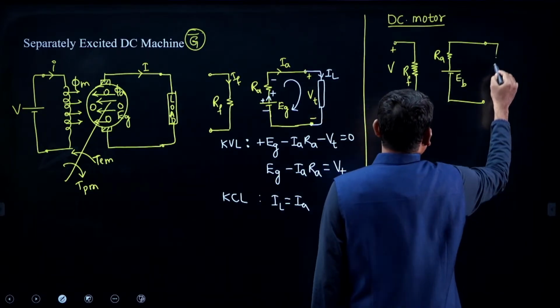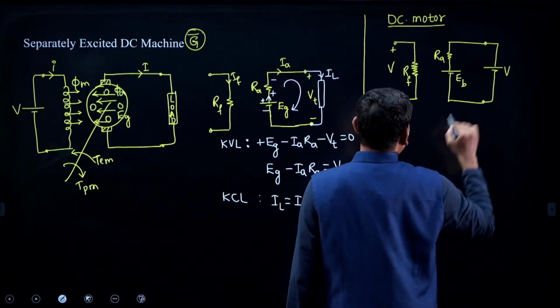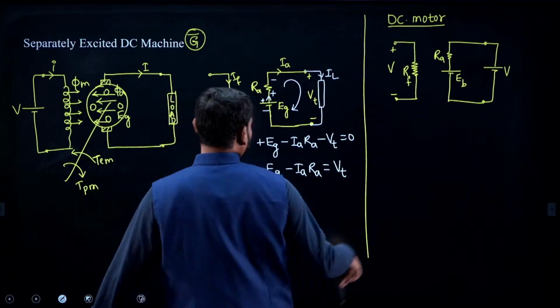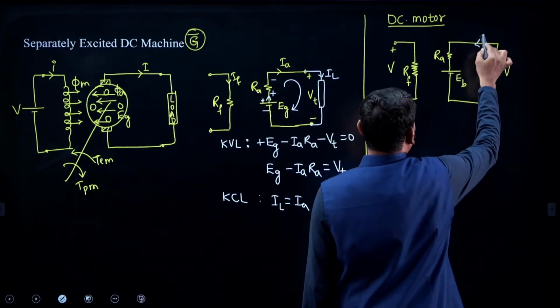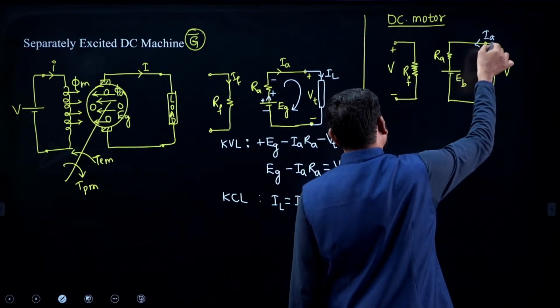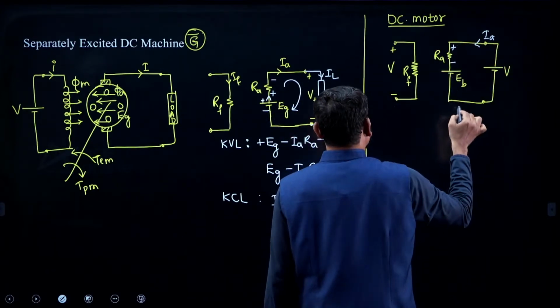So, I have to give the input as electrical energy. So, if I give the input as electrical energy, this voltage source is going to drive the current, okay. Maybe you can call it the line current, which is entering the armature, so that is the armature current, no issues, right.